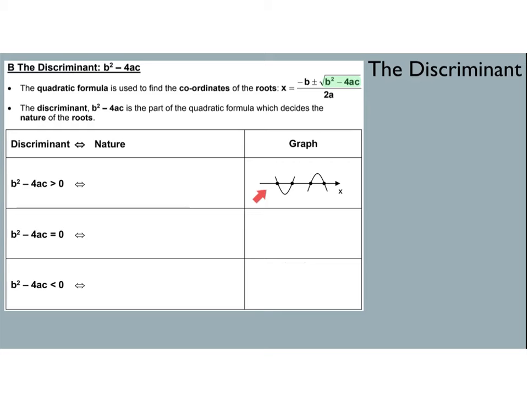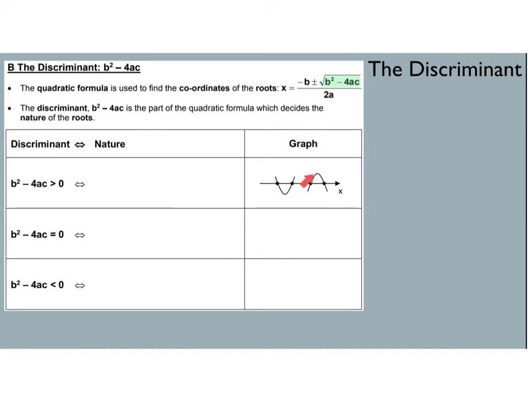When b squared minus 4ac is bigger than 0, if we have a curve like this one here, a happy one, that's a positive x squared one, you will have 2 roots. 2 places where that curve is crossing over our x-axis.